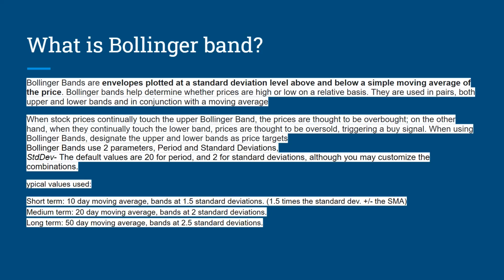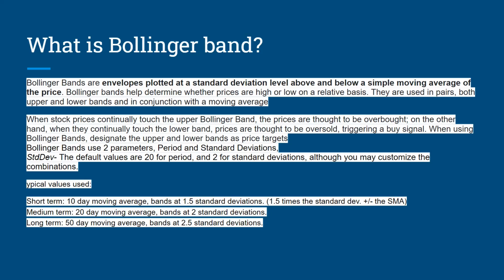The default usually, which I use, is the 20 and 2, a 20 day period and 2 standard deviations, although you can customize the combinations. If you're looking at the short term, just change the settings to a 10-day moving average and 1.5 standard deviations. That should be 1.5 times the standard deviation plus minus the short moving average.